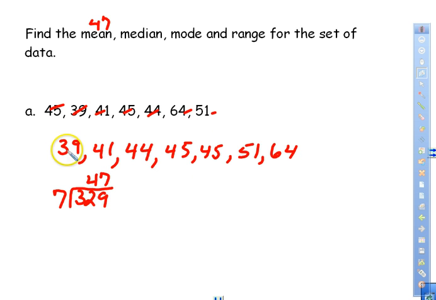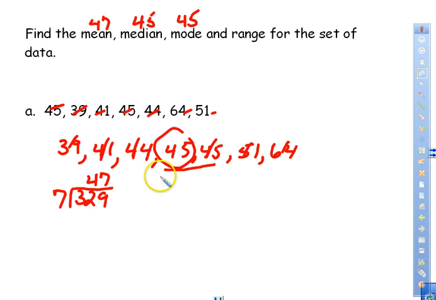The median, my middle number, when I work left to right, working those off from both ends, I get 45 in the middle. And that is it. If I get two numbers, remember I've got to add those two together and divide by 2. Find the average to get that middle number. My mode, the number that occurs most often, looks like my 45 occurs twice, and there are no others that occur that same amount of times.